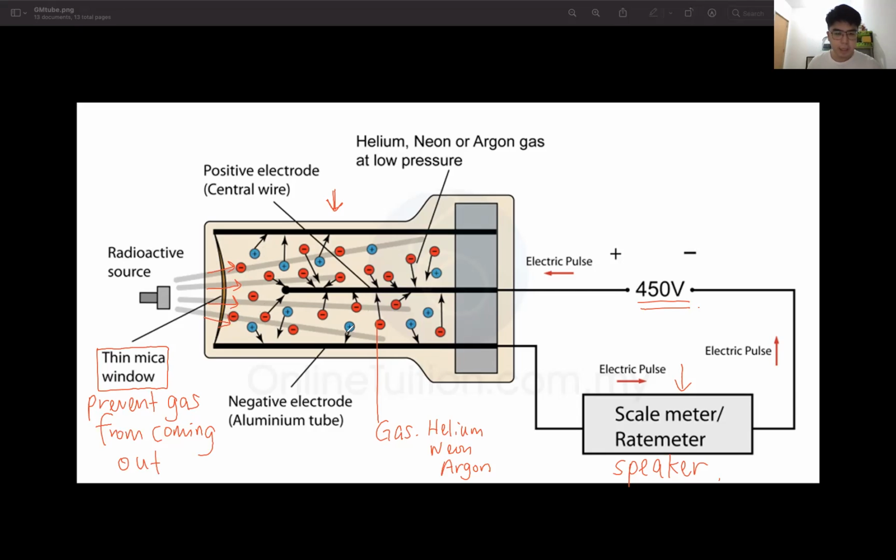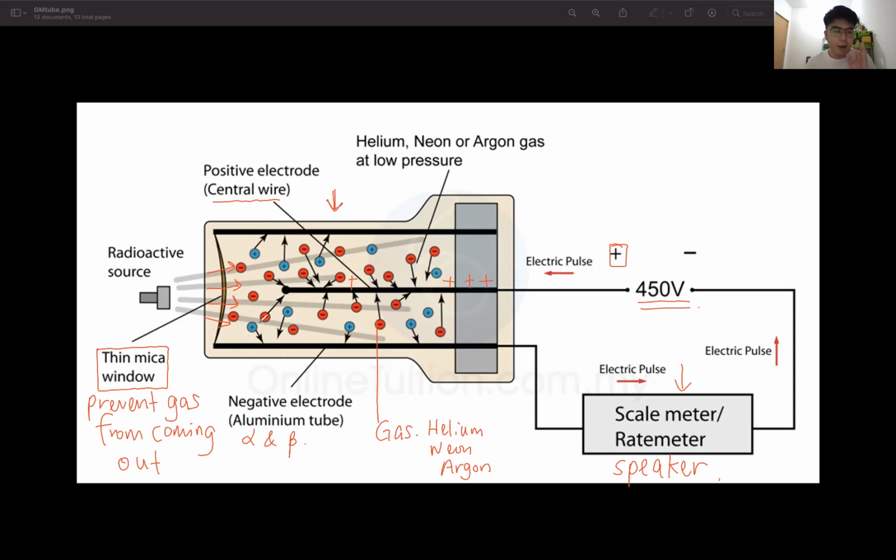Okay, and then we have 2 electrodes. The positive electrode at the center, we call it the central wire. At the center, we have the positive electrode, meaning that it's positively charged. You can see it's connected to the positive terminal. And then at the side we have the negative electrode, and it's made of aluminum. Why is it made of aluminum? Because aluminum can prevent alpha and beta from passing, right?